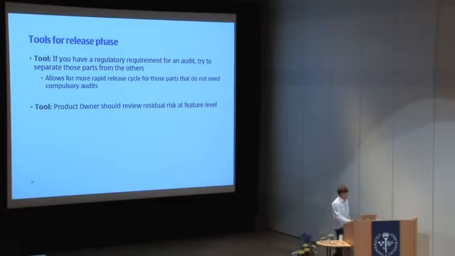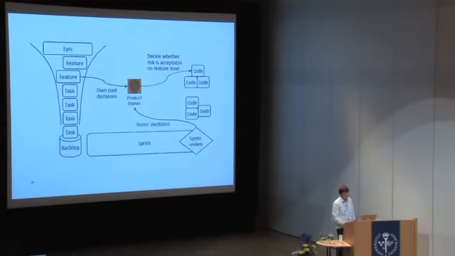But the most important thing that happens in the release phase actually involves the product owner. So the product owner, remember that in the requirements engineering phase, the product owner was the one who actually added the security features on the requirements list. And also the product owner is often present in the sprint review, so he gets the information about things that have not been addressed properly or things that have been addressed properly.